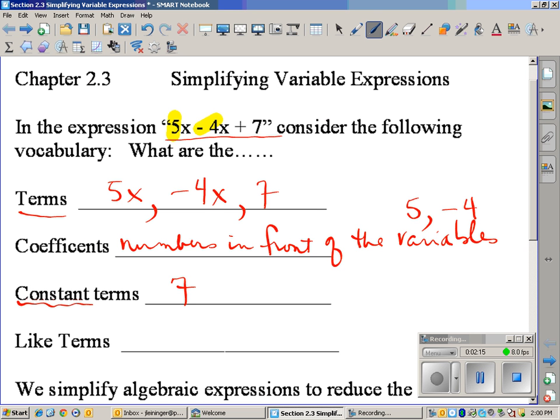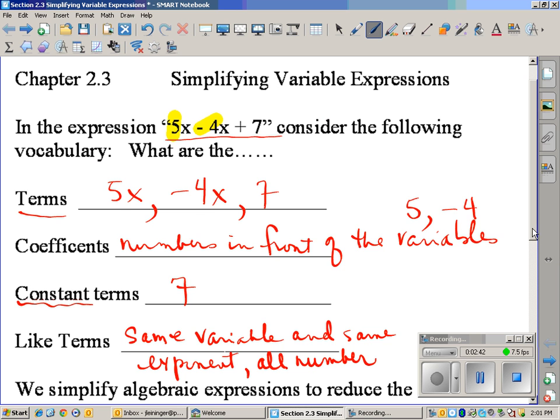The like terms are the terms that we can actually combine together. They are the terms that have the same variable and same exponent. And then all numbers are like terms.